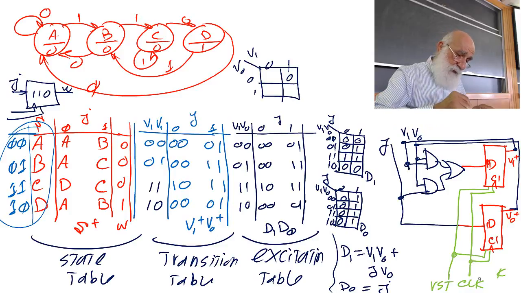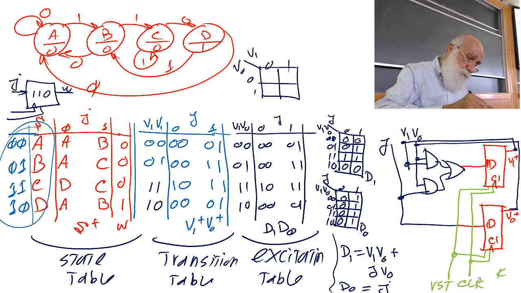You had it correct over here. Your output is 1 when V1, V0 is 10.